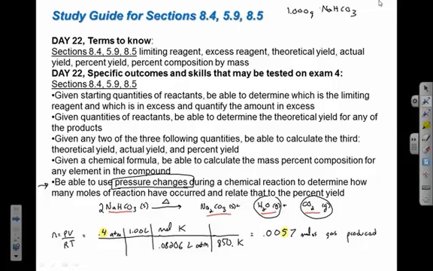Or how much will the mass of that go down by? How much of that is reacting? How would I answer that?